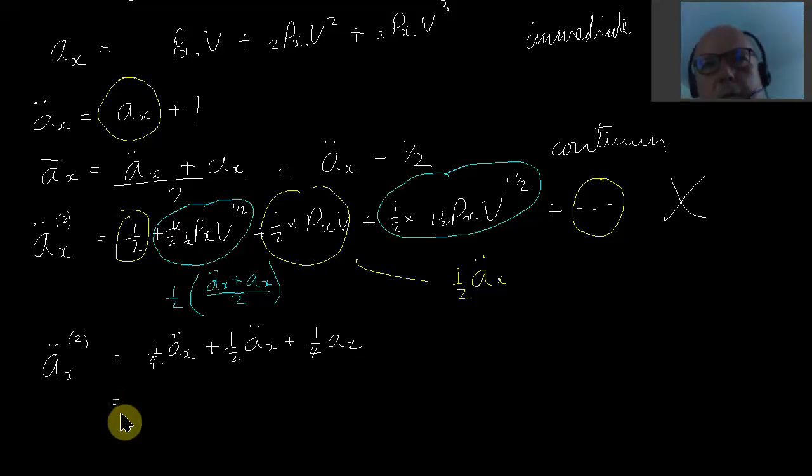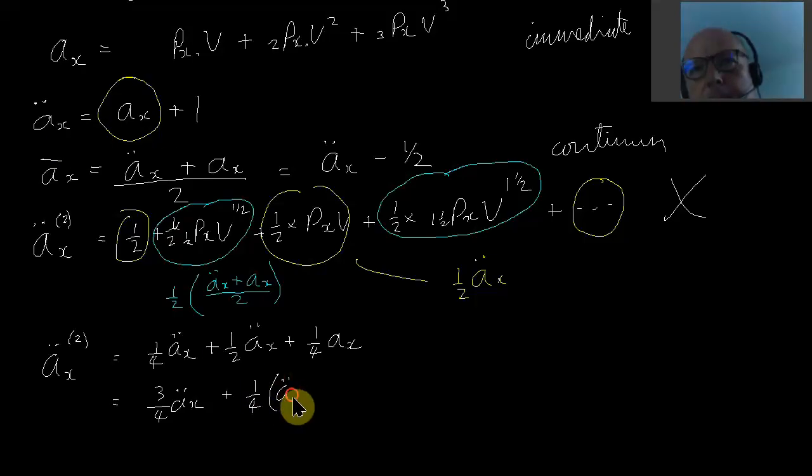Okay, so equals 3/4 of ä x plus 1/4 of ax, which is ä x minus 1. Okay, so the whole thing, we've got a whole ä x minus a quarter.